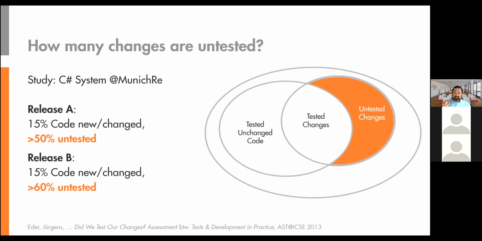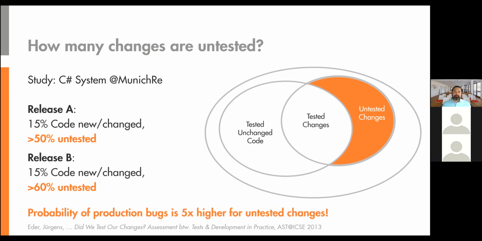And what we then did was, for the next half year after each release, we analyzed every single bug that was reported by the users in production. And together with the developers, we pinpointed in which of the areas it was. And what we found out was that the probability of production bugs was 5 times higher for the untested changes.